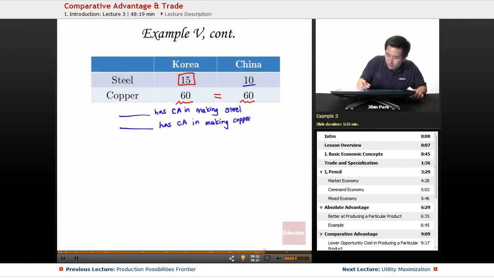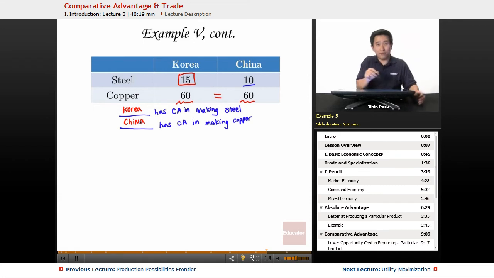Now again, I just stopped right there because since they're equal at making copper and Korea is relatively better at making steel, my prediction here is that Korea is going to have comparative advantage in making steel. So Korea has comparative advantage in making steel, whereas China has comparative advantage in making copper.